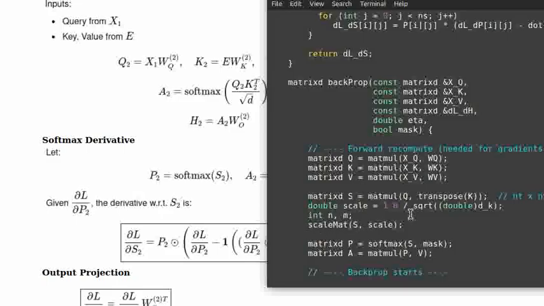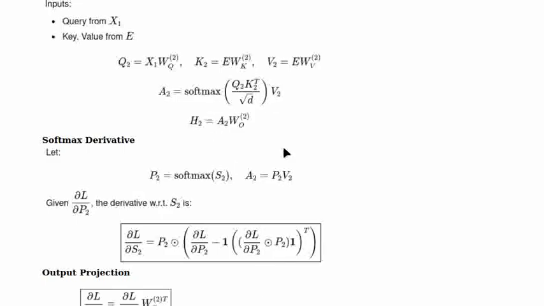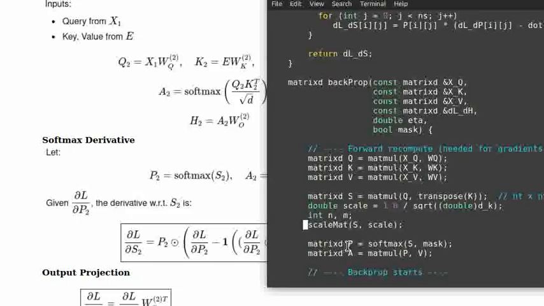Okay, this 1 over square root D. So the S is this argument, and P is this output, softmax of S. And of course it could be with or without mask. This is the P, the probability. And this P times V gives us A.